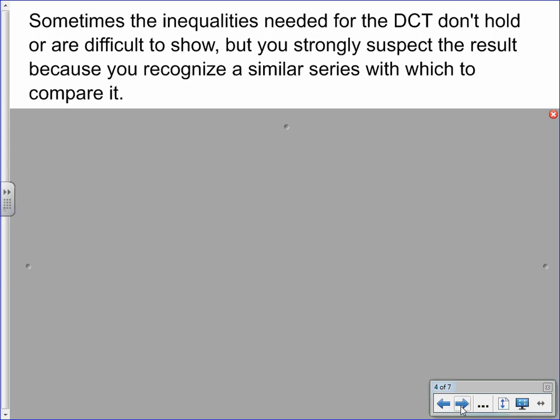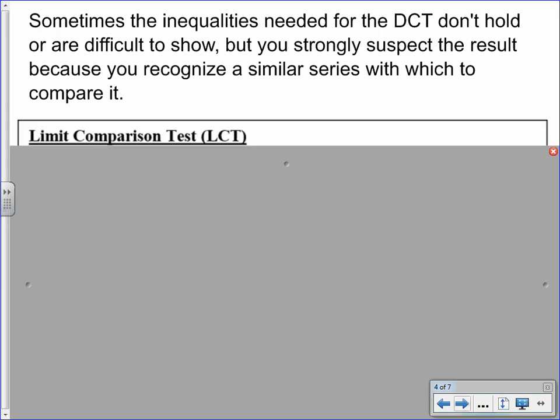It'd be hard to show that yes, this is always true. So the direct comparison test, it's nice, it's short, it's sweet, but it's not always the best test to use. If you want to use a comparison test, but the direct comparison test isn't quite in our favor, we have the limit comparison test.